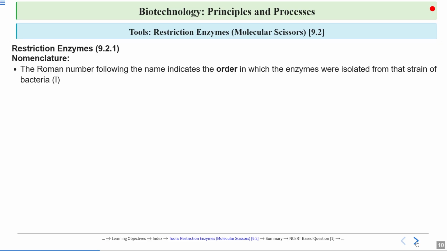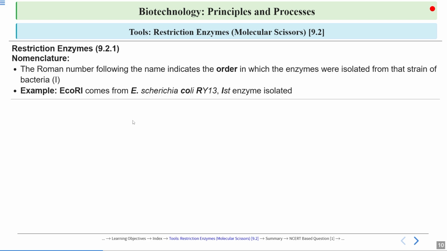E stands for genus, CO stands for species, R stands for strain, and 1 is the order in which these enzymes were isolated from the strain of bacteria. I hope it's clear. If there is any doubt, you guys can ask in the chat box or you can speak, okay? Is this clear till now? So I'm going ahead.